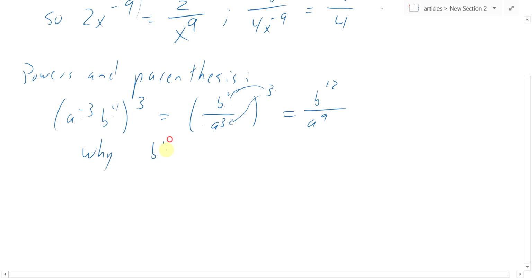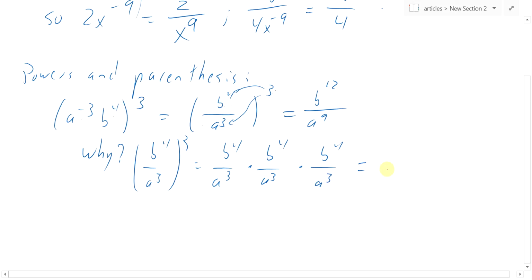Well, b to the 4th over a cubed is b to the 4th over a cubed times b to the 4th over a cubed times b to the 4th over a cubed. Right? So cubing something means multiply by itself 3 times. So how many b's do I have?